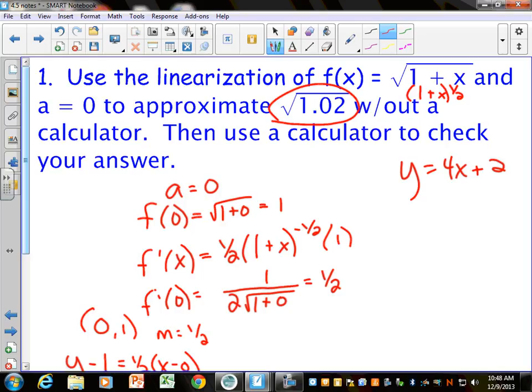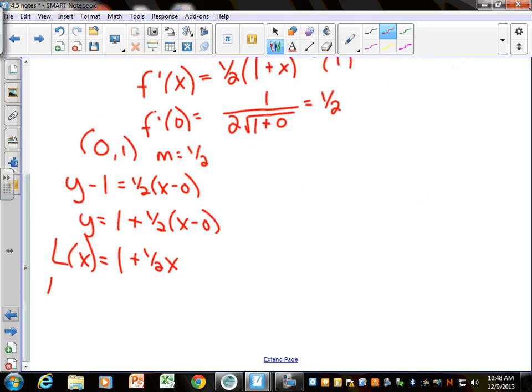So I just want you to see that you're not going to plug in 1.02. You're just going to plug in the difference between what would x have to be to get this. And you'll notice you're always going to plug in little numbers, because if you go really far away, then it's not going to be that accurate anymore. Like, you have to be really close to the point that you're looking at. So we're going to plug in 0.02 and see if we can figure this out without a calculator.